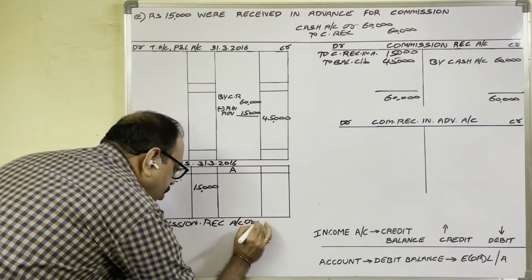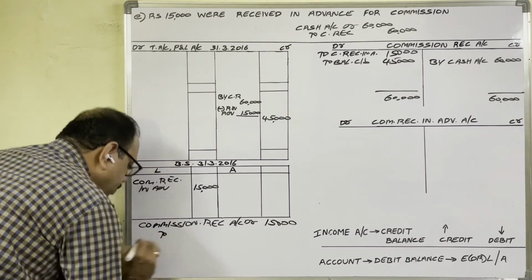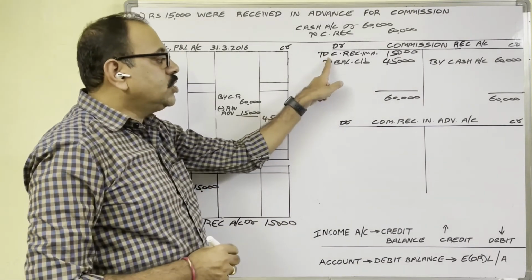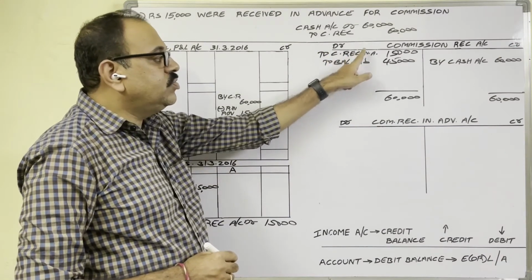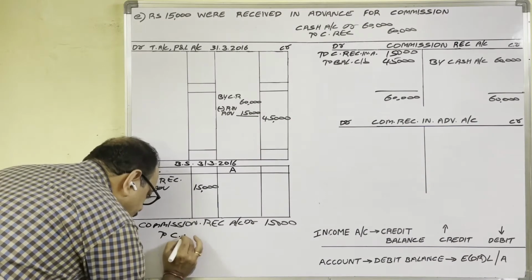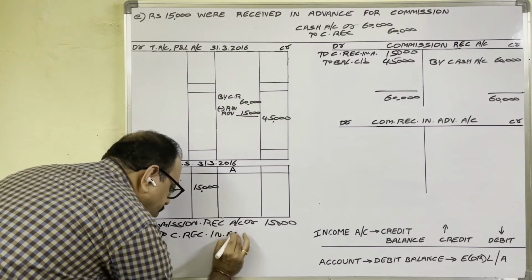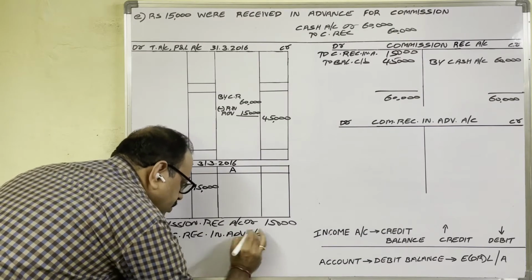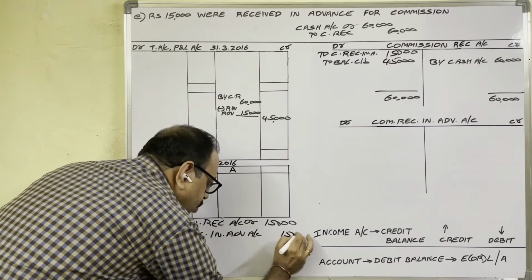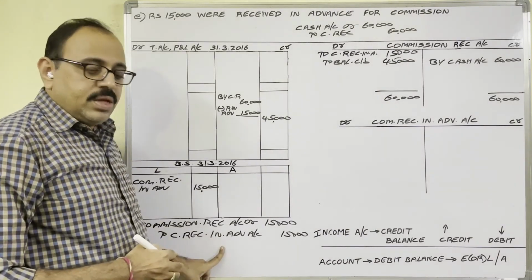Commission received account debtor 15,000 to commission received in advance account, 15,000 rupees. This is the adjustment entry.